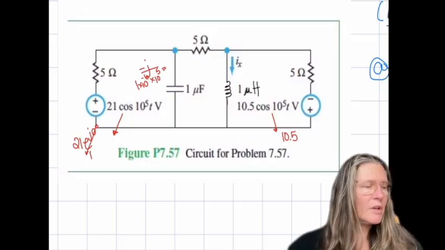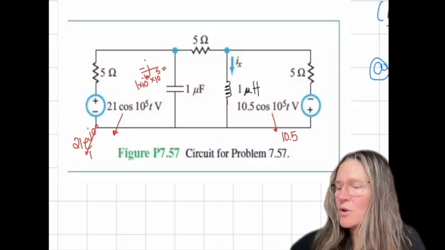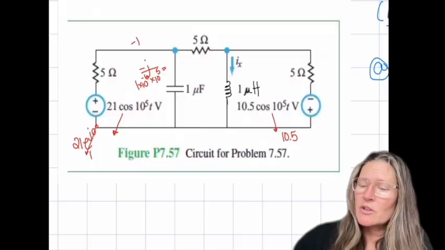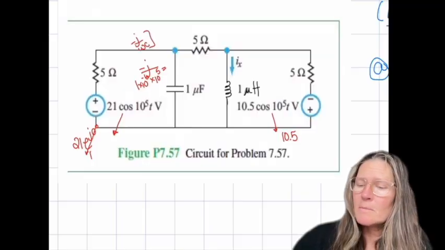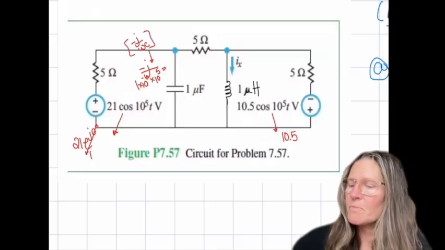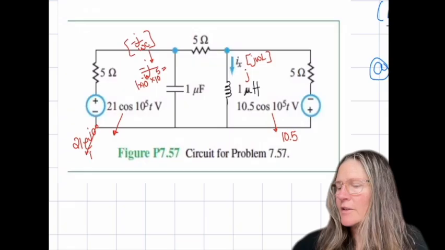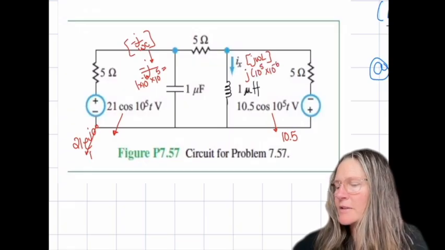For this one, it's minus j over omega C, and this one is j omega L. In this case, the omega is 10 to the 5th, and the L is 10 to the minus 6th.